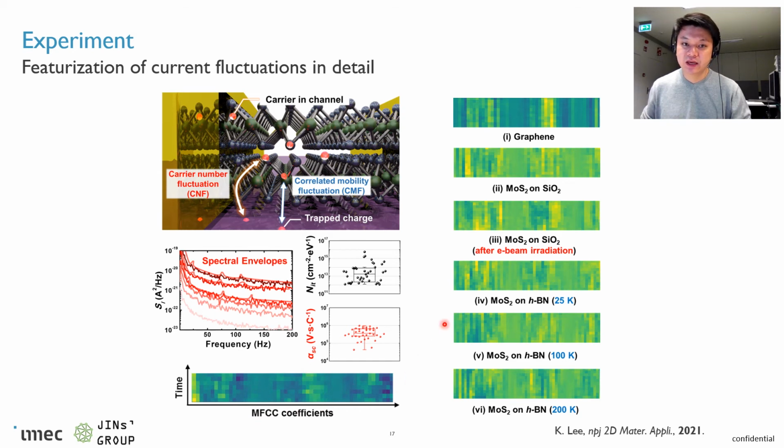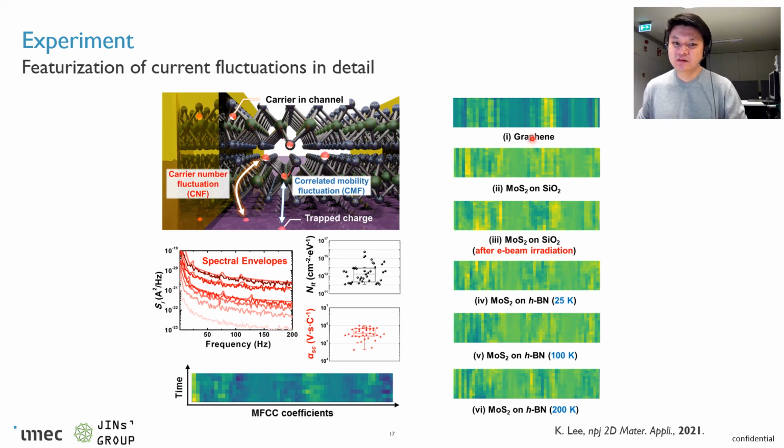Please look at the engineered MFCC data from graphene and molybdenum disulfide on silicon dioxide, after e-beam radiation, and on hexagonal boron nitride at 25 Kelvin, 100 Kelvin, and 200 Kelvin.